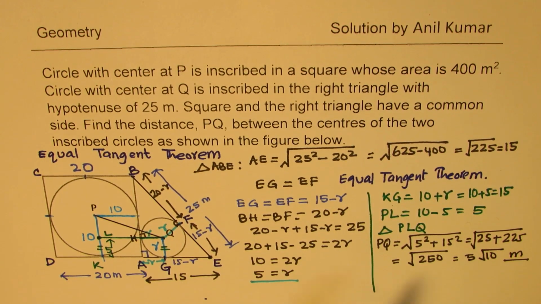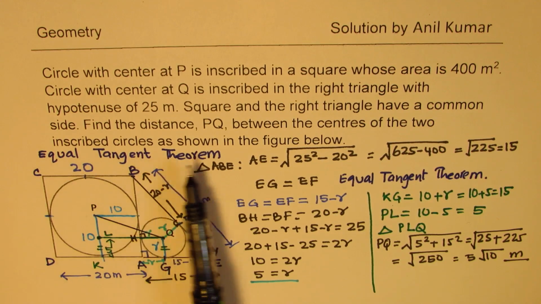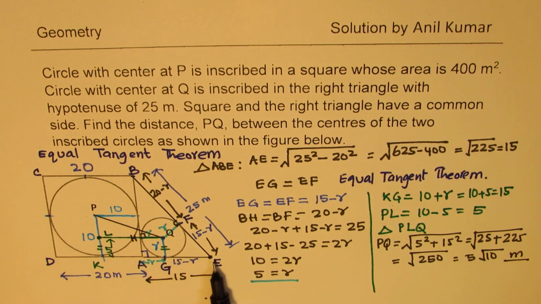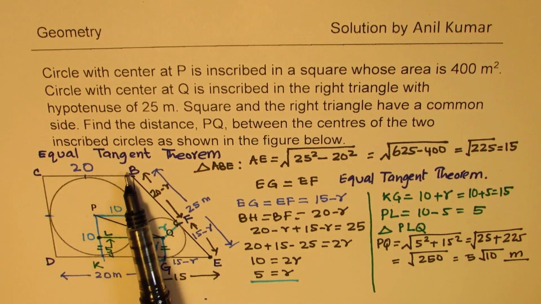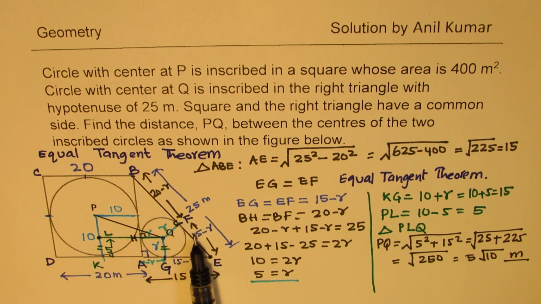Does that make sense to you? So we've done a lot of work here. However, this is pretty short if you know the concepts, right? When you look at this, the first step is using the equal tangent theorem from points E and B, we know that EF is 15 minus R, and BF is 20 minus R. But it is given that both these combined is 25.